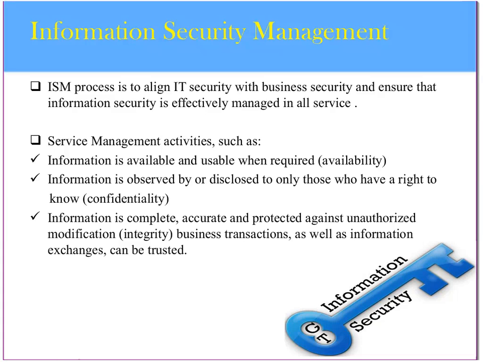So in simple terms, information security management is to secure your IT things within your infrastructure, which we call the intranet. And whoever we give this right to, it is secure only for that particular person and not shared with anyone else. So this is all about information security management.